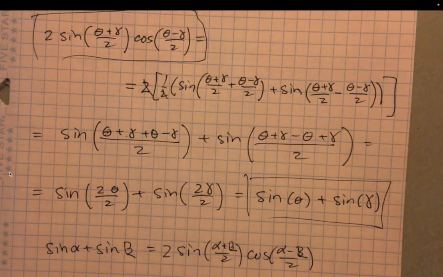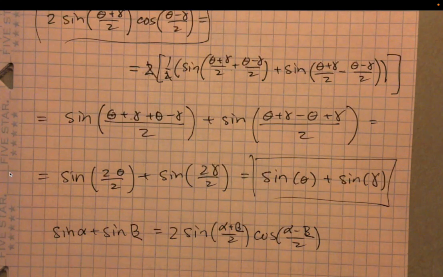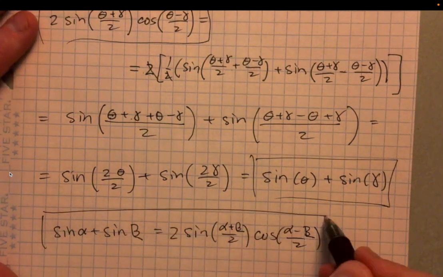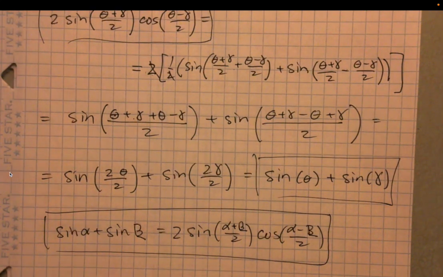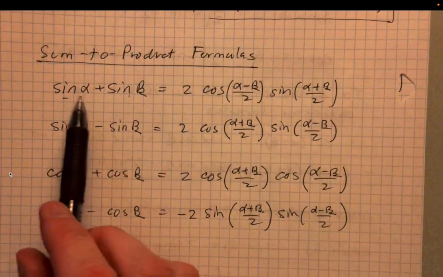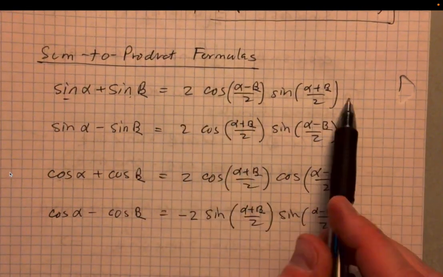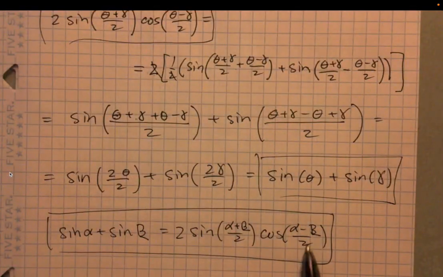Okay, and so that's the derivation we were after. This is equivalent to the first sum to product formula: sine alpha plus sine beta is equal to this. That's what we just derived.